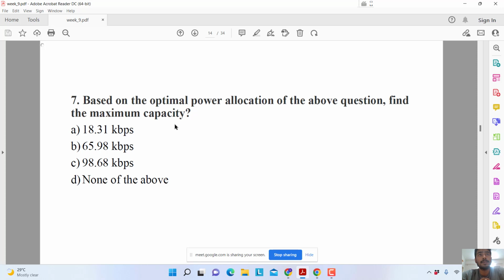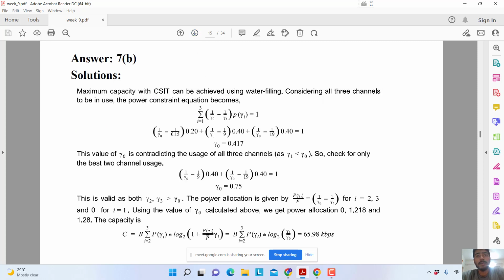If anyone got the answer, you can comment or speak. Here we have to calculate the maximum capacity. In the last question we already calculated the power allocation coefficients, so here we will just put the values in this formula.